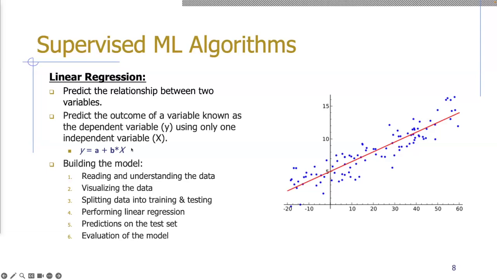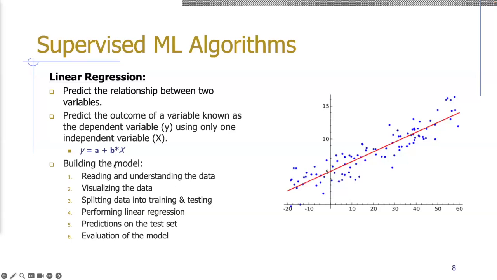I'm sure from math you know how to find a correlation between these, and the formula to do so is y equals a plus bx. So what are a and b? Do you remember? Those are the parameters you find with linear regression. You create a model: y is a value plus a value multiplied by x.